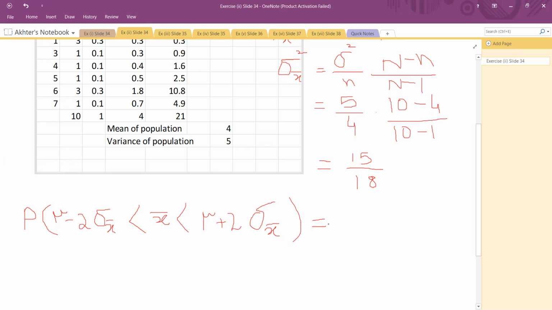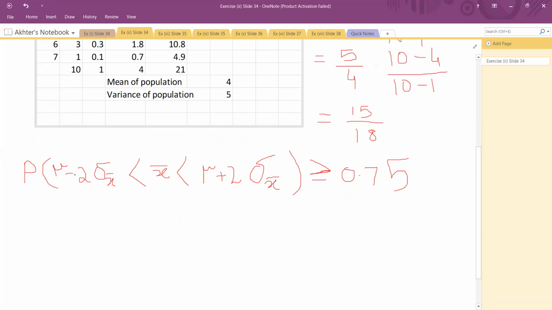According to the Chebyshev rule, this is greater than or equal to 0.75.